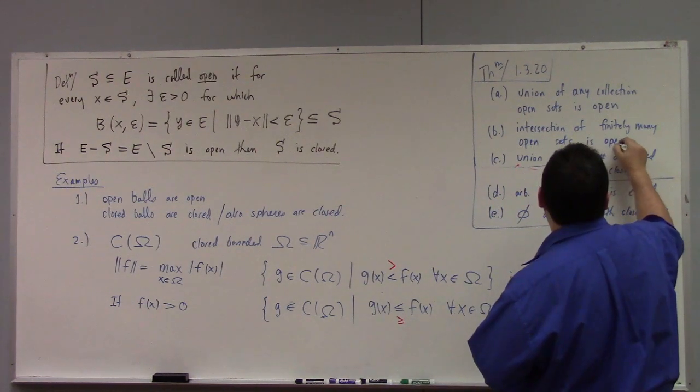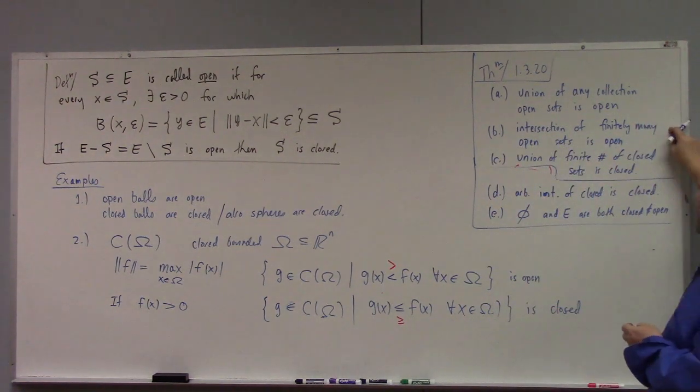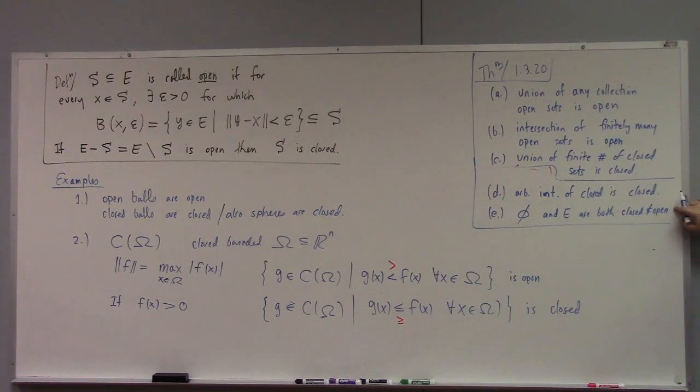So the first two, like A and B and E, is the standard definition of topology. Arbitrary unions of open sets are open, finite intersections of open sets are open, and the whole space and the empty set are open. But you can also define a topology in terms of closed sets if you want.